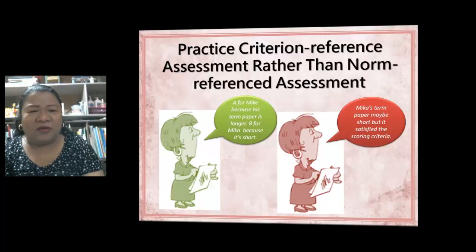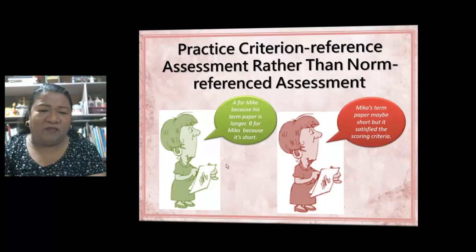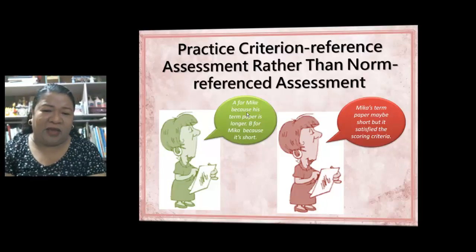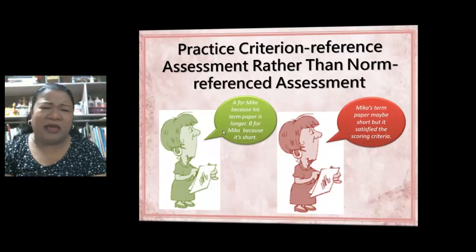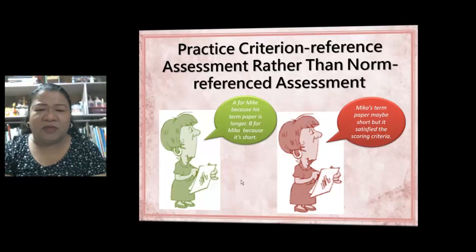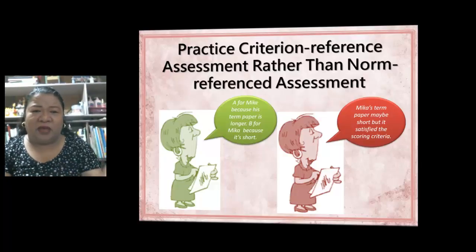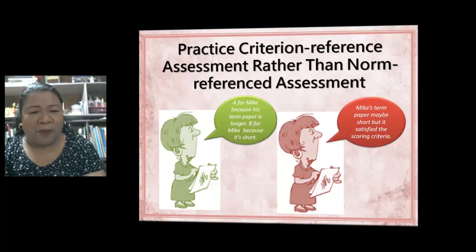No? So here we say, for the first example, I'll give Mike an A grade because his term paper is longer, B for Mika because her work is short. Of course, this should not be taken literally, but it is telling us that the teacher is looking into the performance of the students and comparing them.